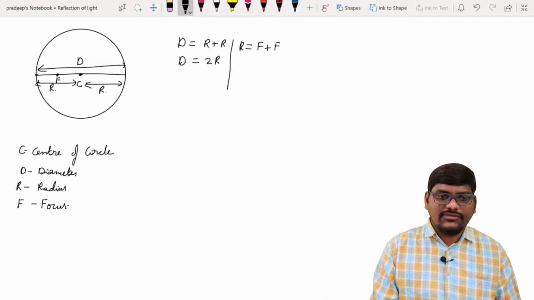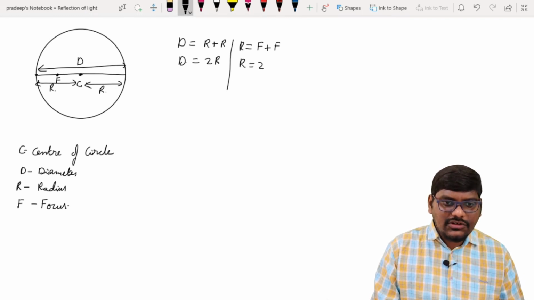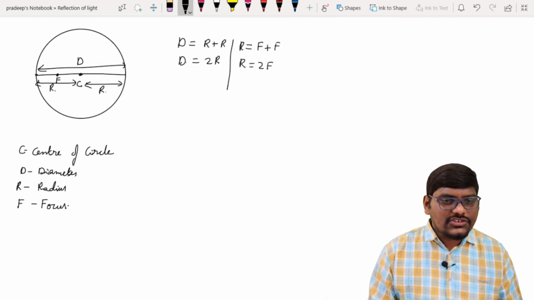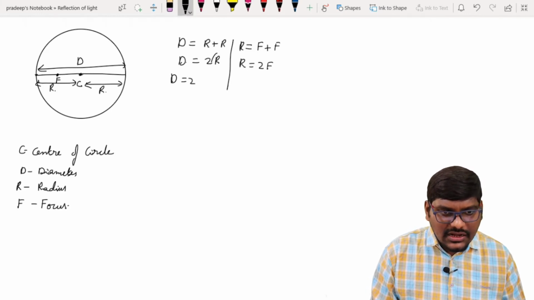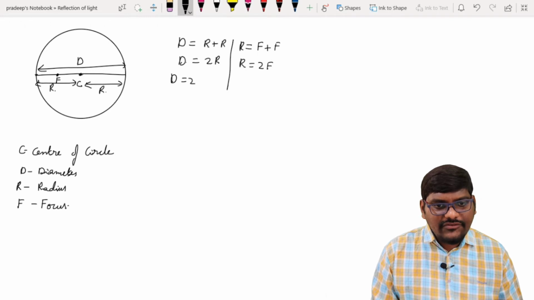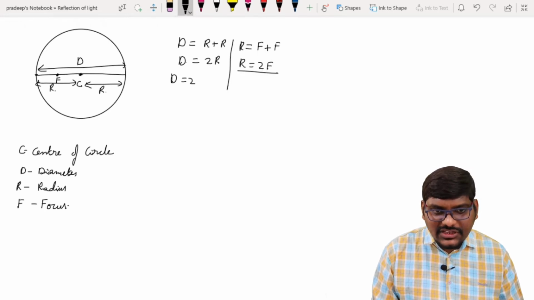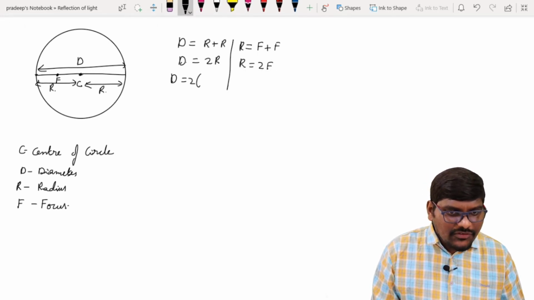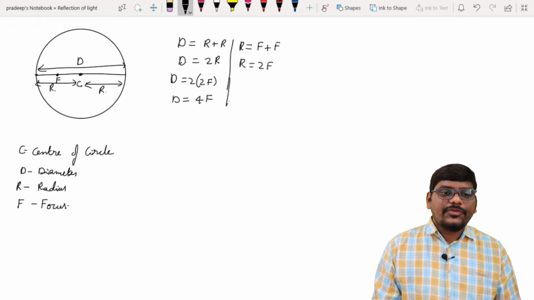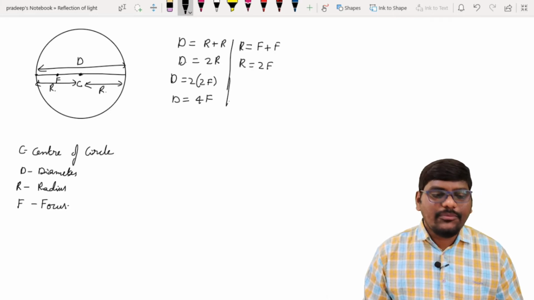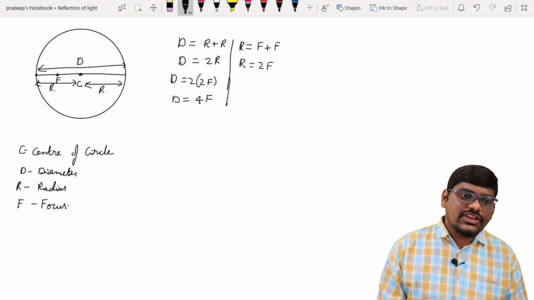So R is equal to 2F. So in the place of R in the diameter we can write 2F, because R is nothing but 2F. So now one diameter equals 4 focuses. I showed you in mathematical form, but by seeing the figure itself you can notate it.